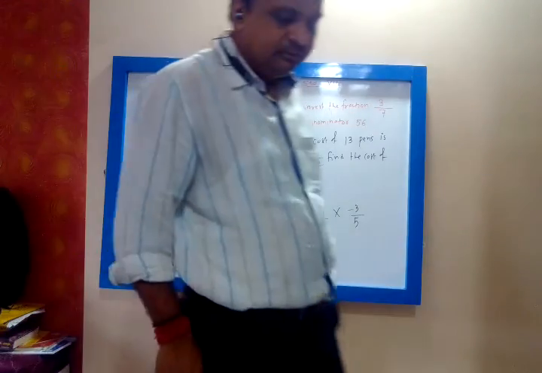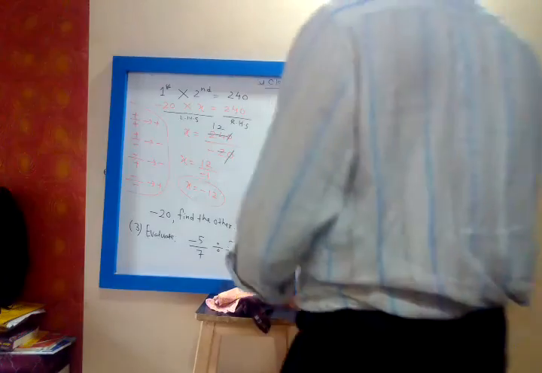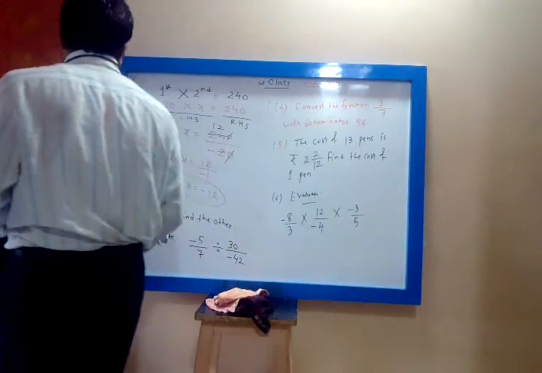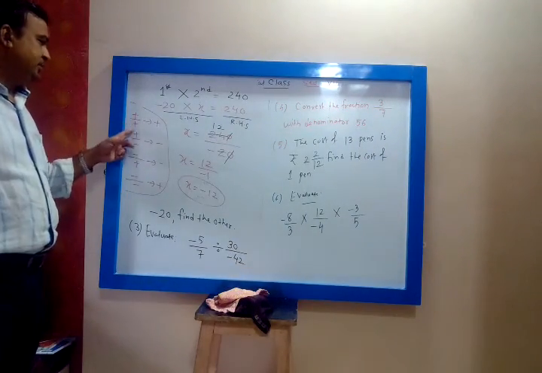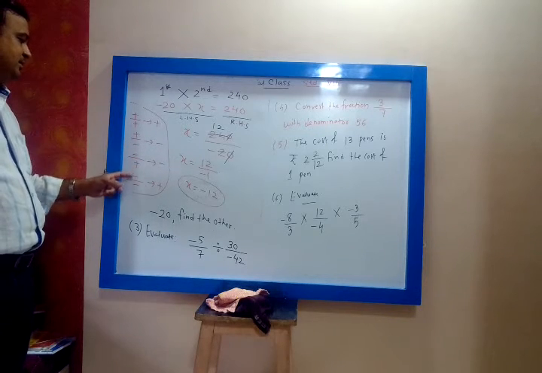Yes, clear? This part is clear. So this table of division you remember. Plus upon plus, plus; plus upon minus, minus; minus upon plus, minus; minus upon minus, plus.